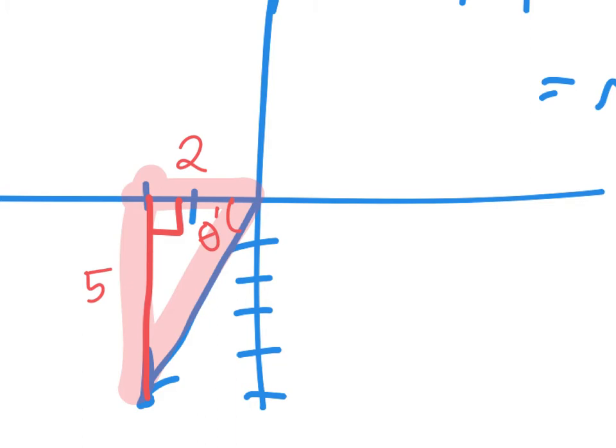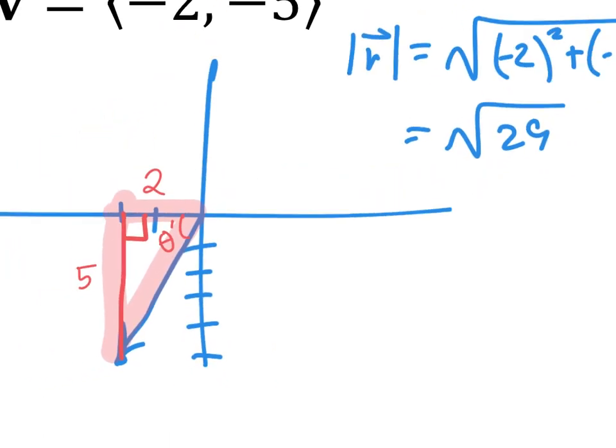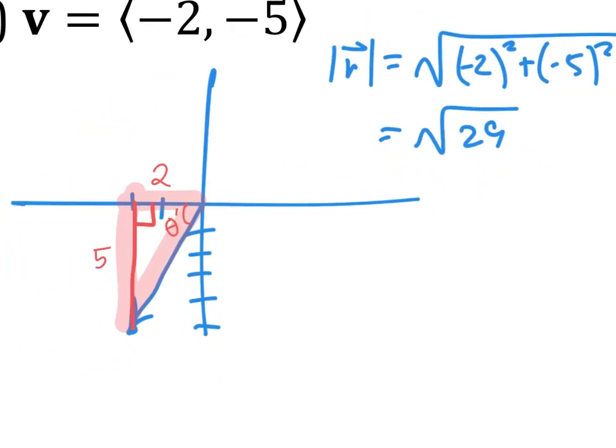The actual angle theta is from the 0 degree. Now what I'm going to do is find the angle just like how I did it with the previous one. So tangent of the angle is equal to opposite over adjacent. So opposite over adjacent, and then find the angle.